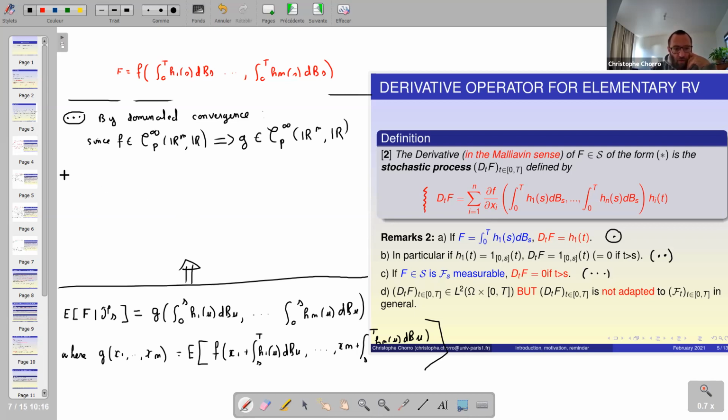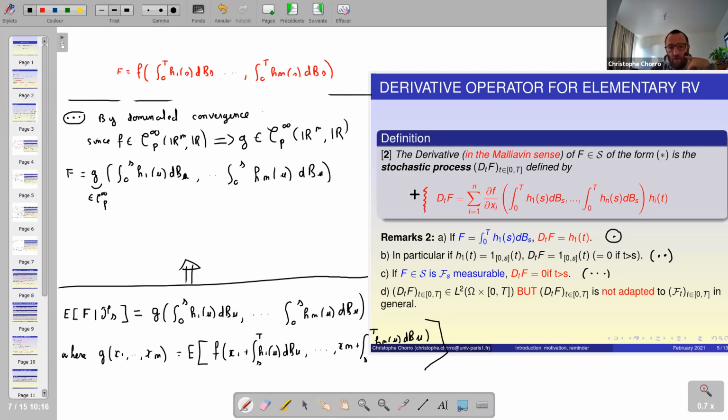So in order to summarize, I have defined F as g of these Wiener integrals between 0 and s, where this one belongs to C infinity P. And so I am in the situation where I can apply this formula to g depending on these Wiener integrals.